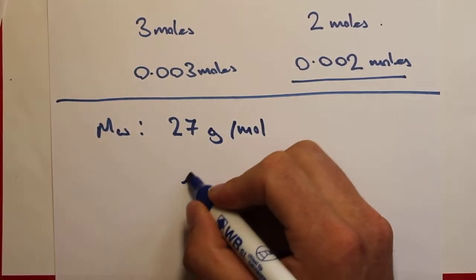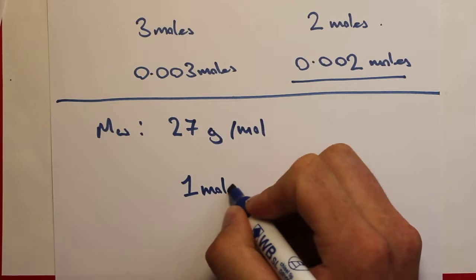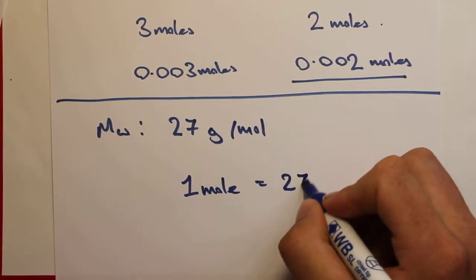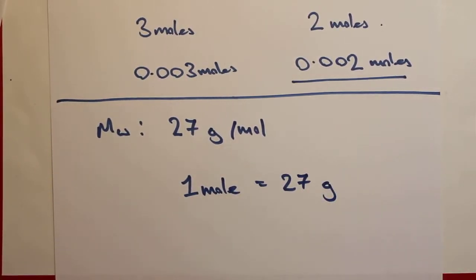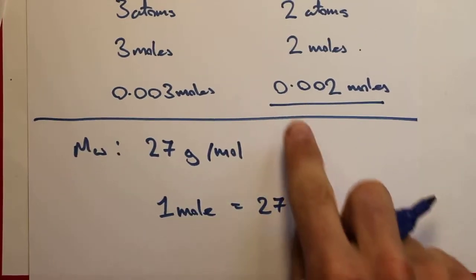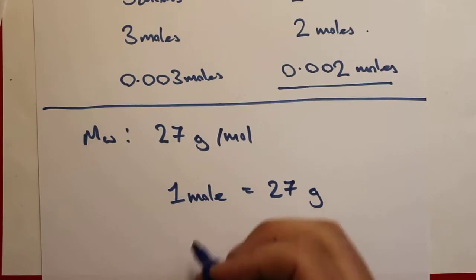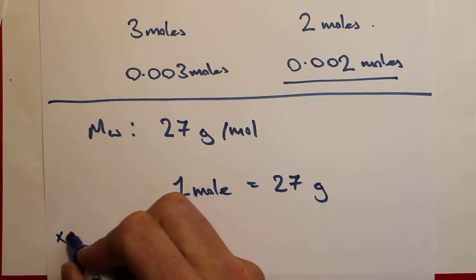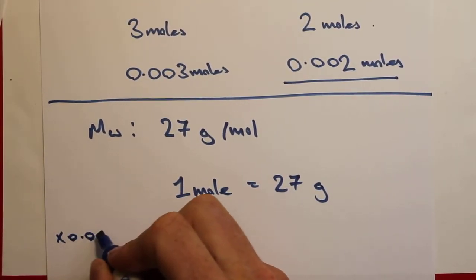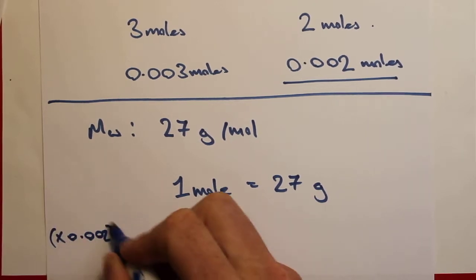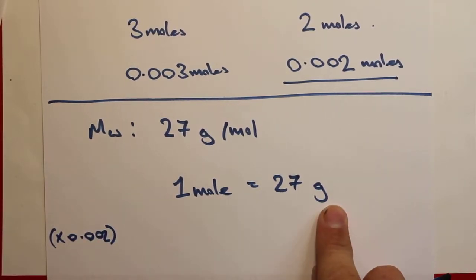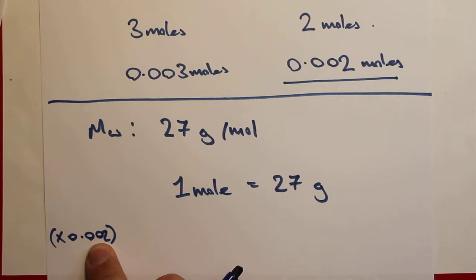So this is telling us that 1 mole is equal to 27 grams of aluminium. Well, we've got 0.002 moles, so we're going to multiply both sides by 0.002 to find out how many grams will be in this number of moles.